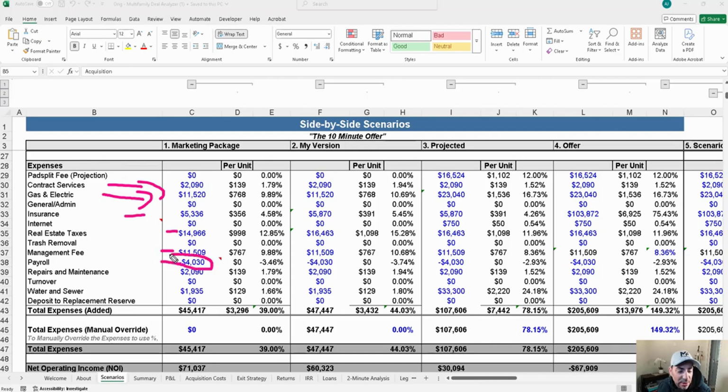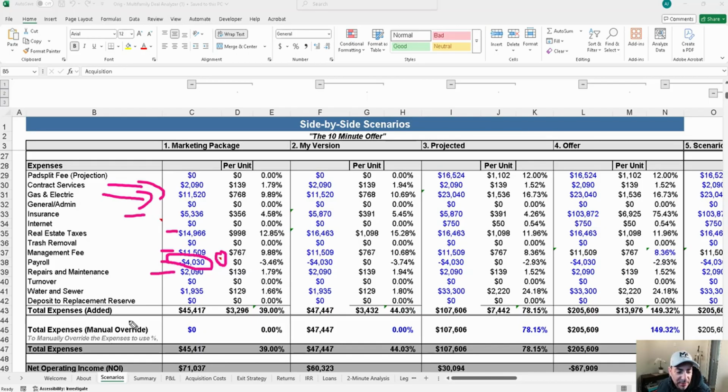We have a number here that I don't know where it's coming from, but he included it in the offer memorandum or the marketing package. I have a note here because this is a question that I need to ask him: where is the number coming from? It's not a huge amount, and not a number that can cause a great difference at the end, but it's always good to ask the seller where the number is coming from.